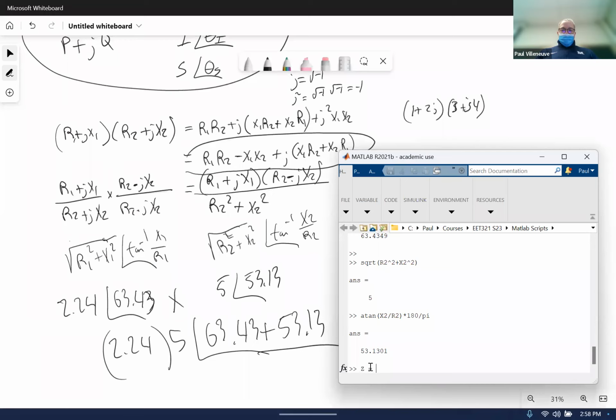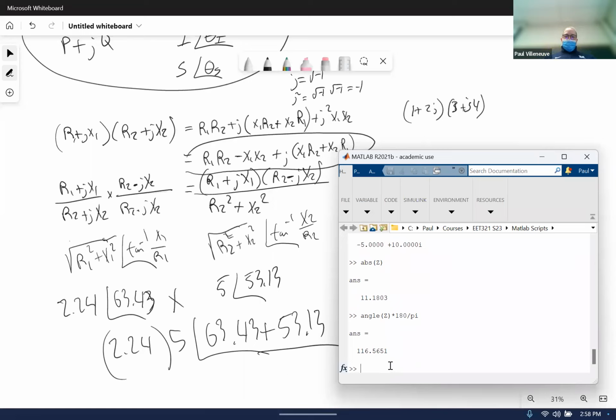I'll call it Z, equal to R1 plus J times X1, times R2 plus J times X2. That's our value that we saw from before. Now I'm going to look at the magnitude of Z, 11.18. Then I'm going to look at the angle of Z, multiplied by 180 over pi.